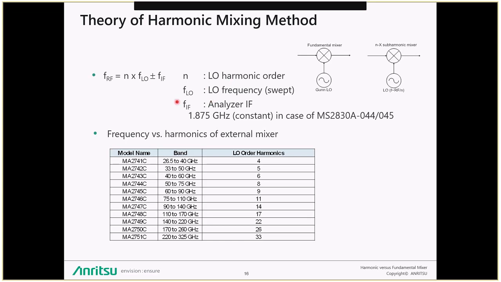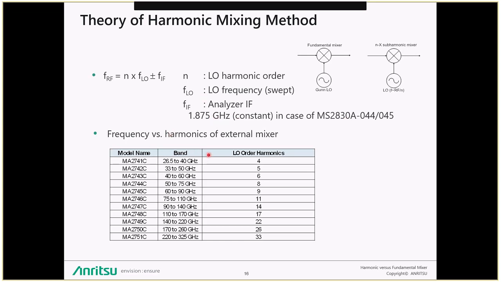In the case of the Anritsu benchtop spectrum analyzer, the IF will be constant and will be 1.875 GHz. This is the case of the MS2830, 2840 and 2850. This is the way of reaching high frequencies.